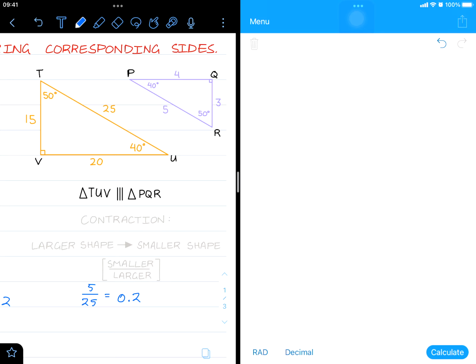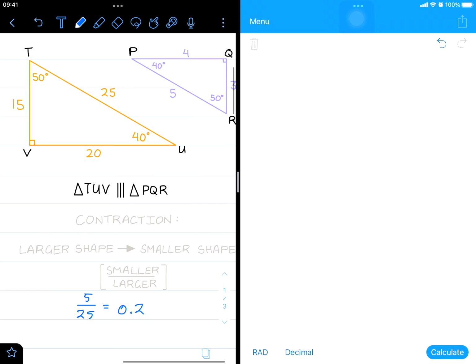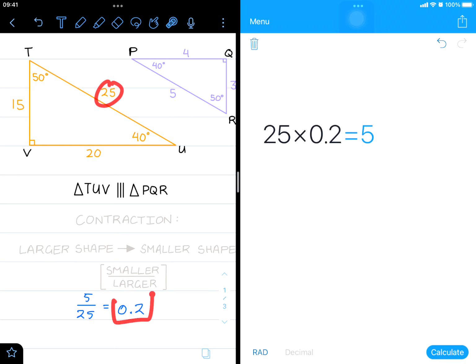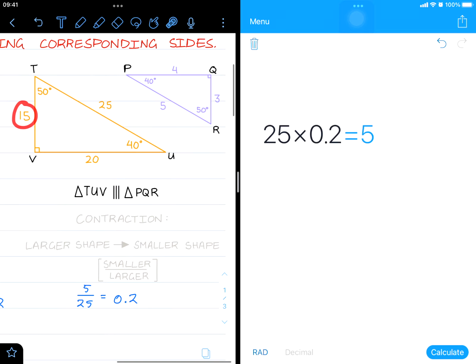I'll demonstrate to you what I mean here. You can calculate this. That means 25 times the scale factor of 0.2 will give us the corresponding length of the contracted shape. So 25 times 0.2 is equal to 5. 15 times 0.2, well, since 15 is opposite 4, it is 3.